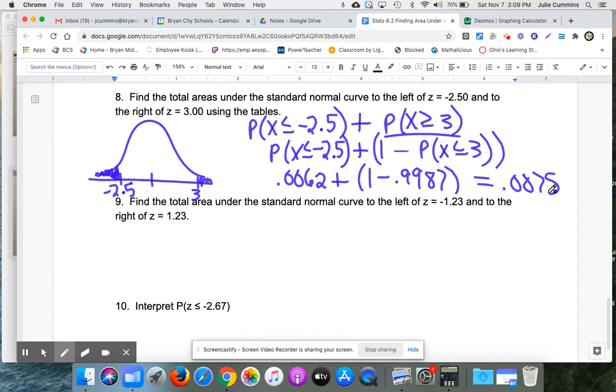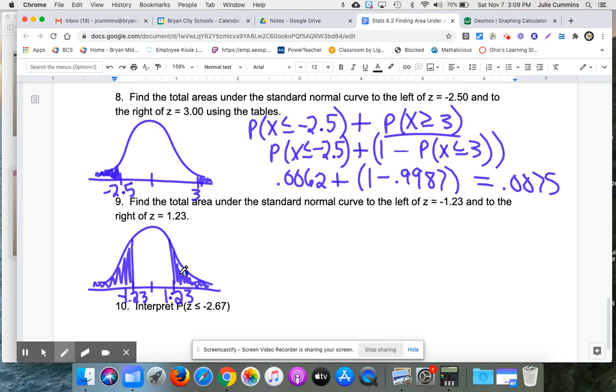All right, number 9. We'll do this one on the calculator. We're going to find the total area under the standard normal curve to the left of negative 1.23 and to the right of 1.23. So negative 1.23, maybe right here. And to the right of 1.23, it's going to be here. So we're looking for this area and this area.